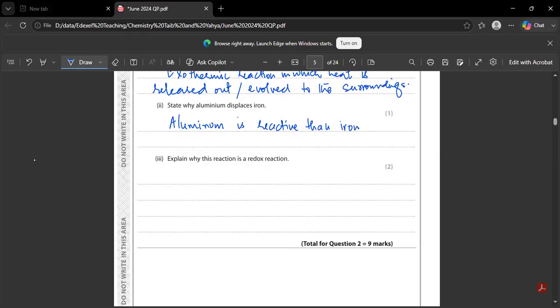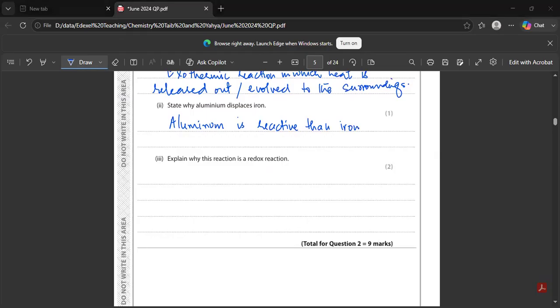Explain why this reaction is a redox reaction. If you recall, in a redox reaction, one element loses electrons and another element gains electrons, right? So we have to come up with which one is being oxidized and which one is getting reduced.